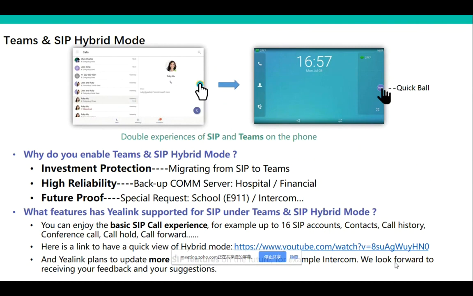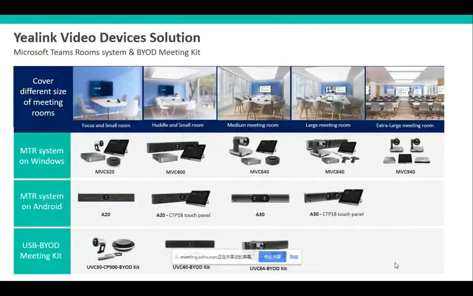And for some scenarios, customers have special requests for SIP features like school, E911 or intercom. So in these scenarios, customers may request both Teams and SIP. For the details of how the hybrid mode works, you can find the videos on YouTube, so I won't give much introduction.